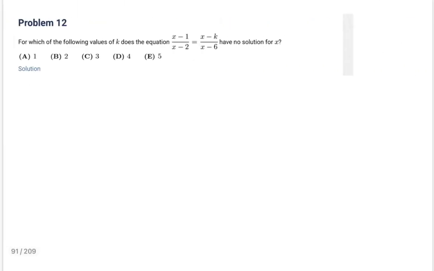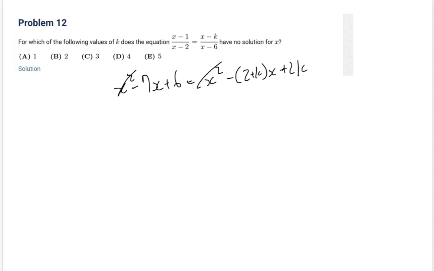Problem 12, for which of the following values of k does the equation x minus 1 over x minus 2 equals x minus k over x minus 6 have no solution for x? So for this to have no solution for x, first let's cross multiply. x squared minus 7x plus 6 equals x squared minus 2 plus k x plus 2k. And so cross out the x squared here.